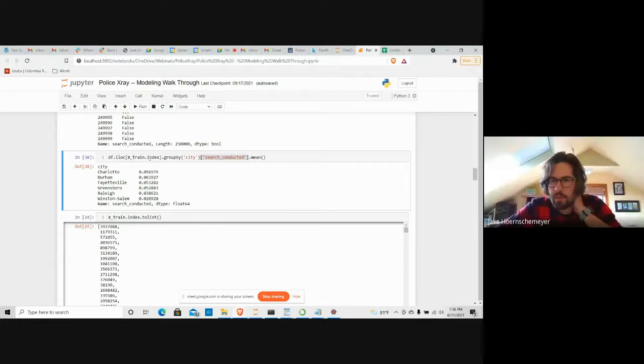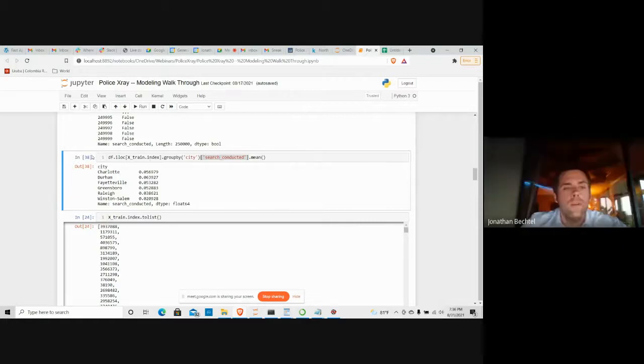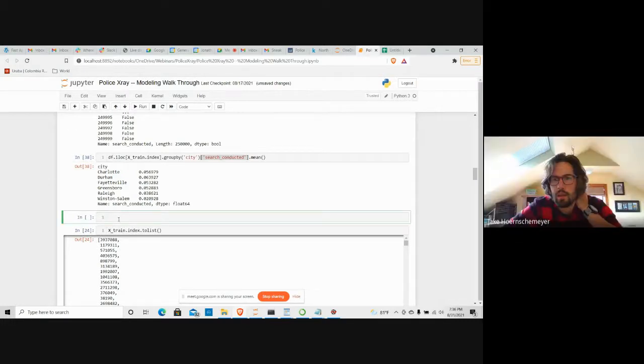Maybe to rephrase Sylvia's question, just for target encoding in general, how do you guarantee that target encoding will produce unique values? Yeah, it was my question. I'm still not sure I understand. Right. So let's say Charlotte and Durham have, just by pure chance, exactly 5% search rates.